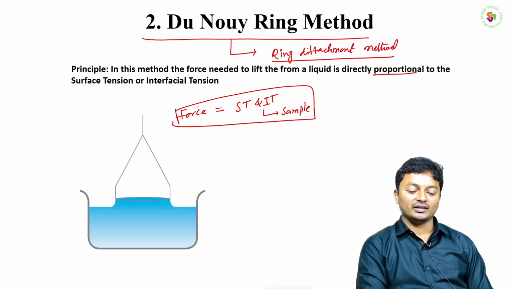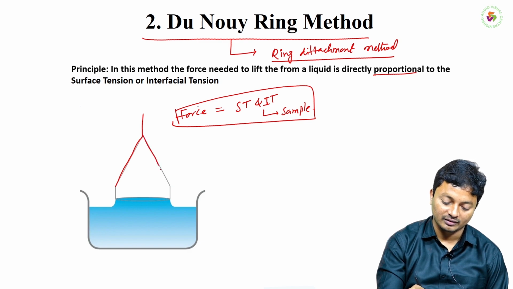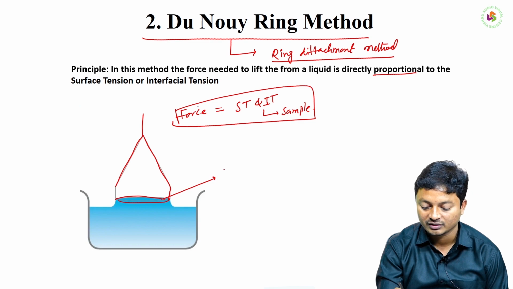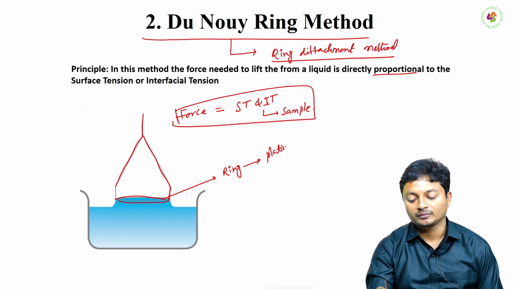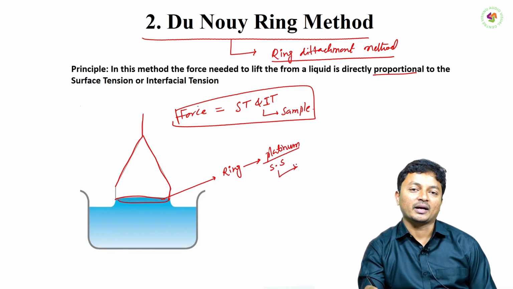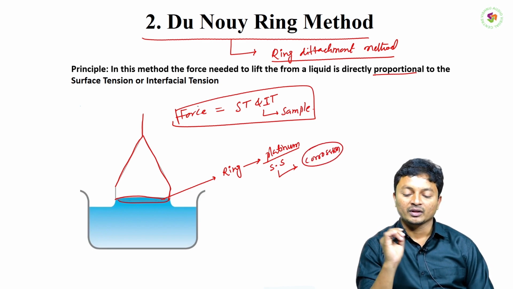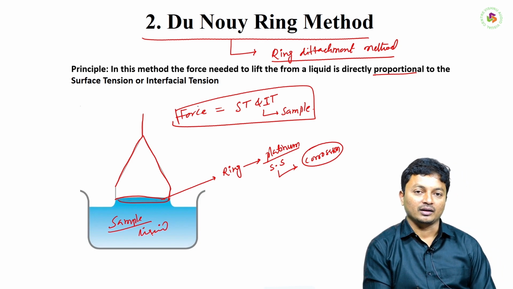And here you can see we have a ring. This ring is made up of platinum or stainless steel, especially platinum or stainless steel, to avoid corrosion. This will be the sample or liquid.